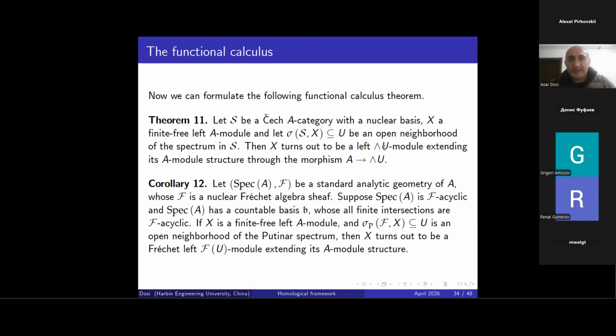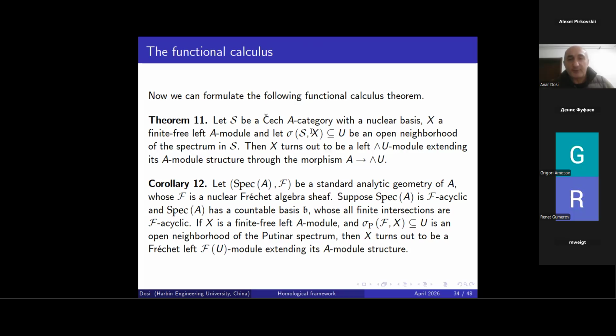If U contains the spectrum open neighborhood, then X is a left module over the infimum, which lifts its A module structure. That is quite a general functional calculus theorem. When this happens, U should contain our spectrum.